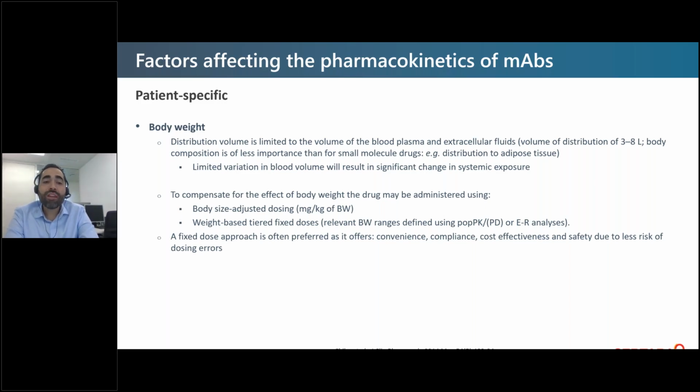But generally, a fixed dose approach is preferred as it offers convenience, compliance, cost effectiveness, and also, most importantly, safety, because you will have less risk of dosing error with a fixed dose than a body size adjusted dose.